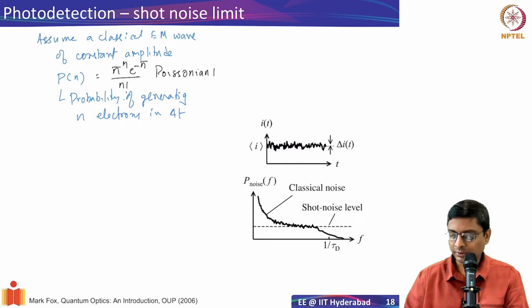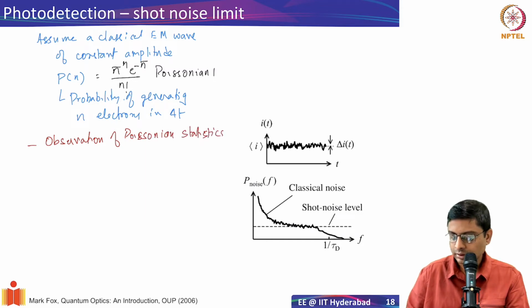So the observation of Poissonian statistics is not a proof of quantum nature of light.